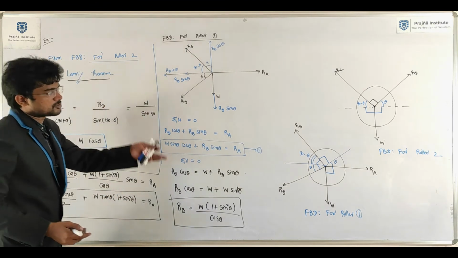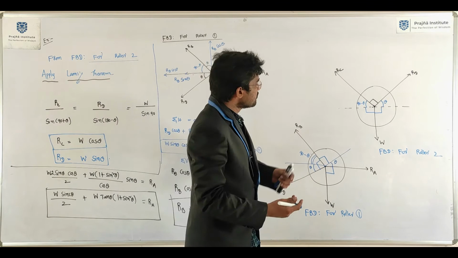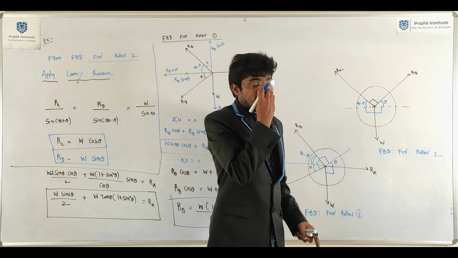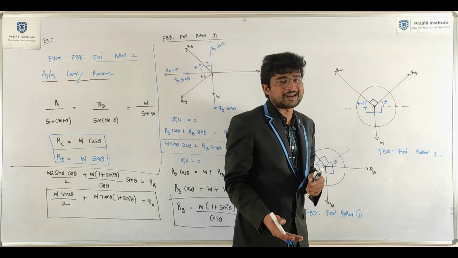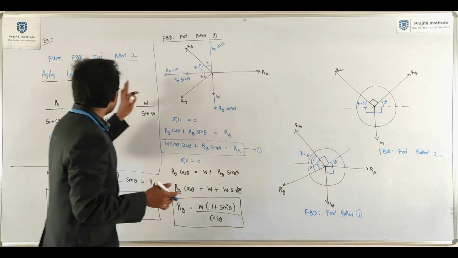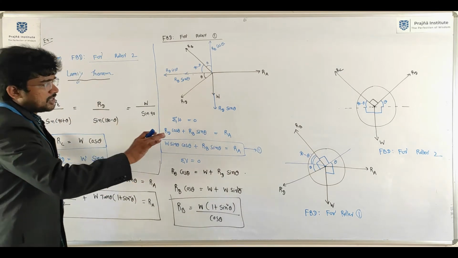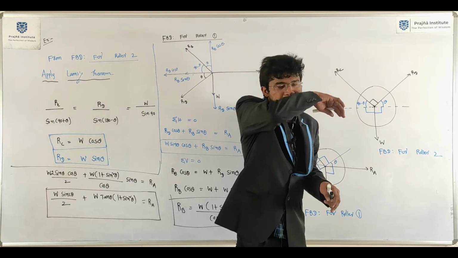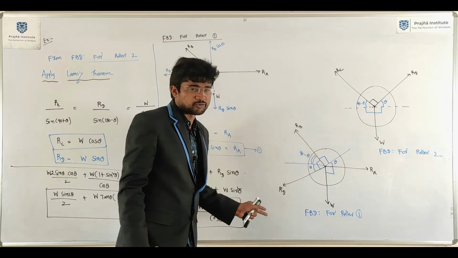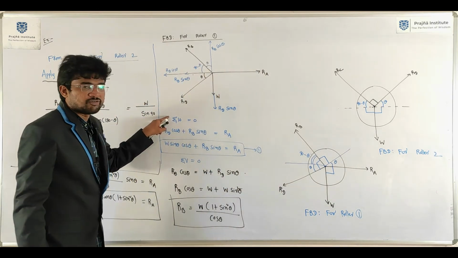Just follow the procedure: how to draw the free body diagram for roller 1 and roller 2, how to take the angles properly from the geometry, then how to apply Lami's theorem. If 3 forces are there, you can happily apply Lami's theorem. If 4 forces are there, resolve the forces, then apply equilibrium equations.